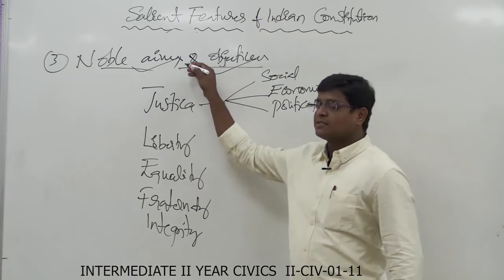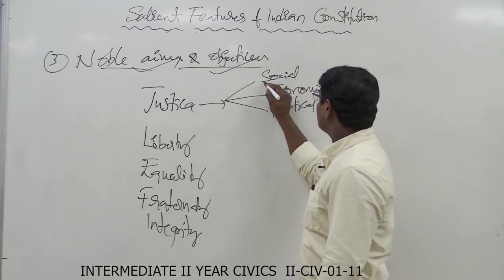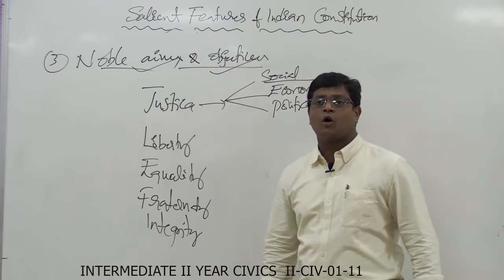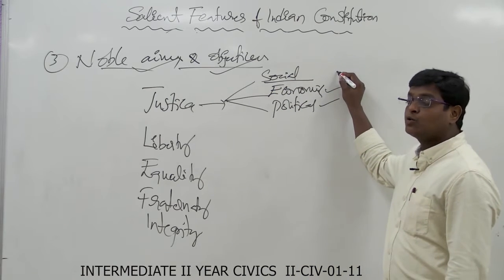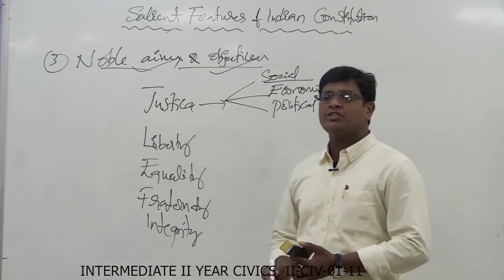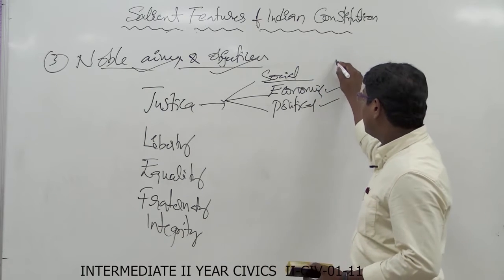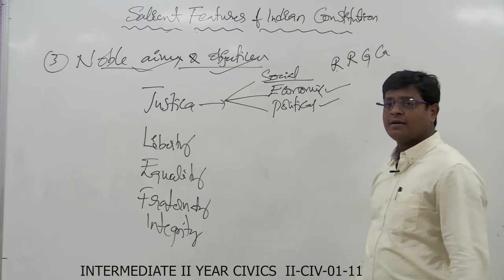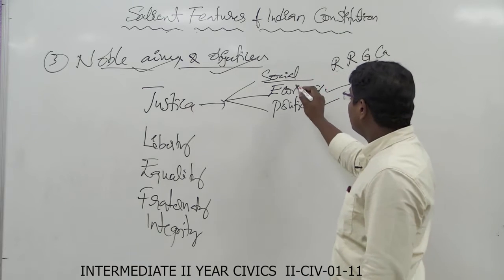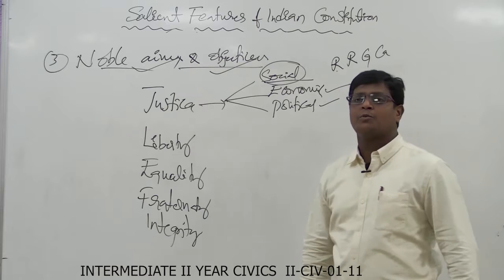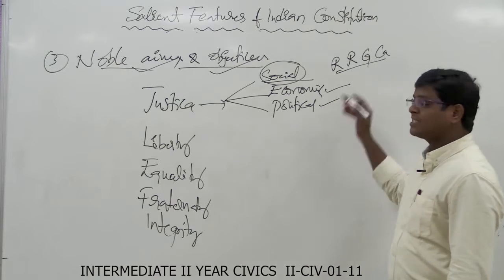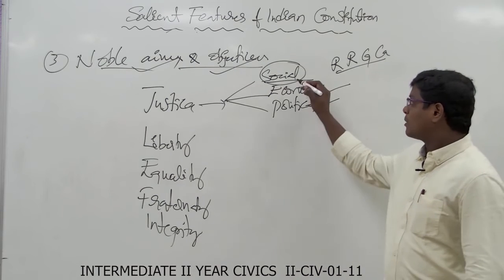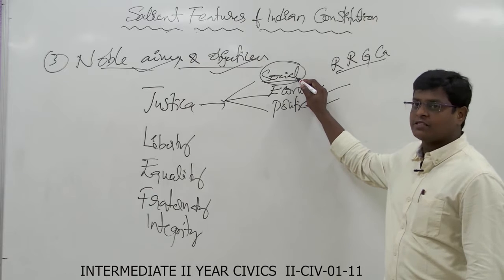Here, the state of India is going to provide social justice to all citizens of India, to eradicate discrimination on the basis of religion, race, gender, caste, etc. That's why the state of India is responsible to eliminate discrimination among the people for providing social justice.